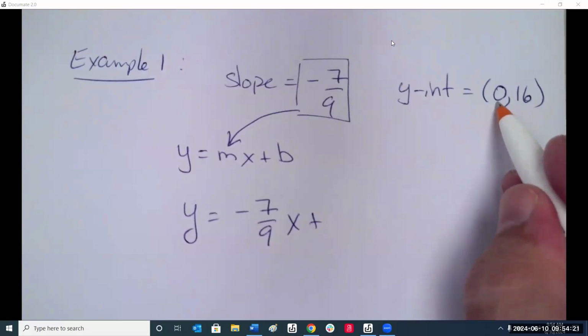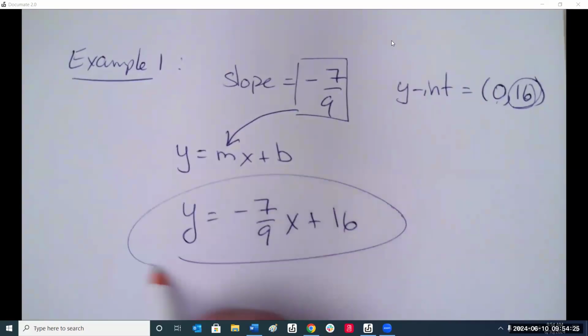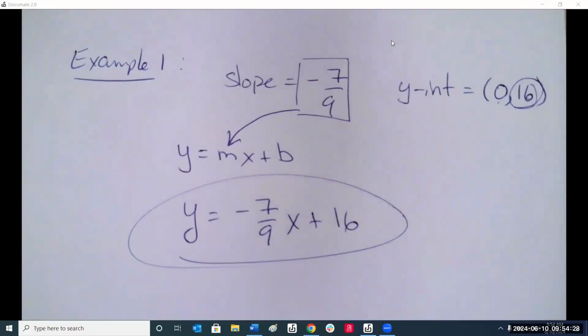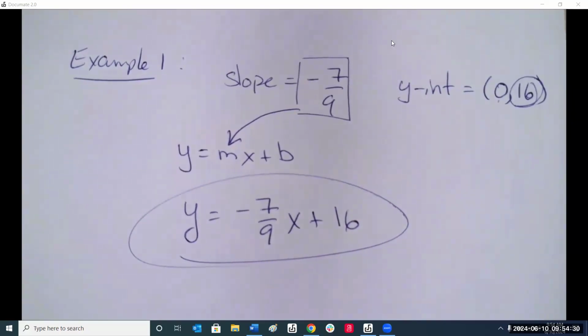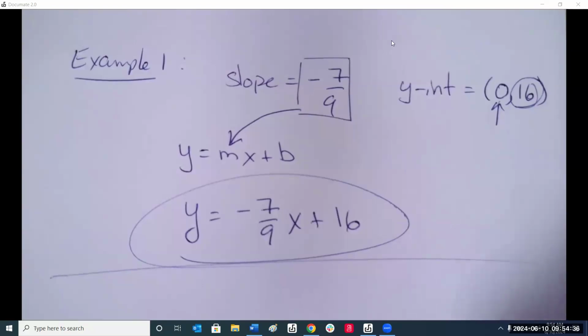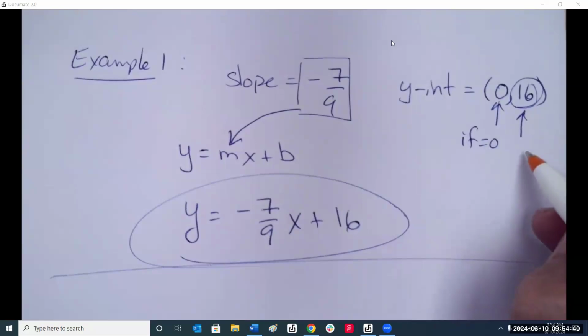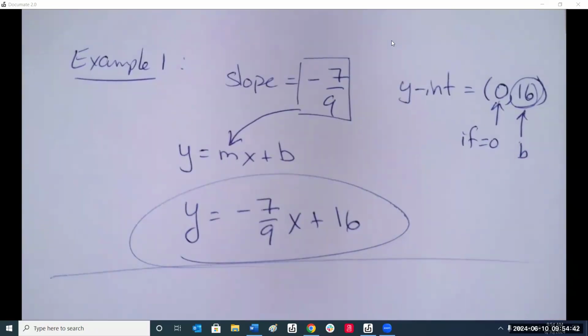And since that's 0, that means this is my b. There's my answer. So if you have an x value that's 0, that means this, if equal to 0, then this is your b value.